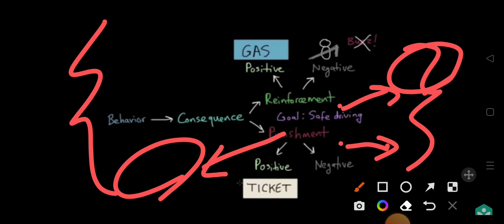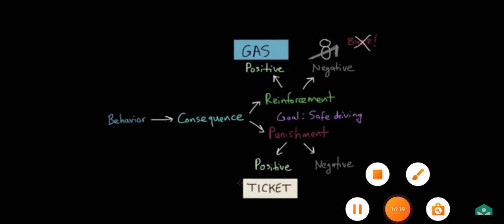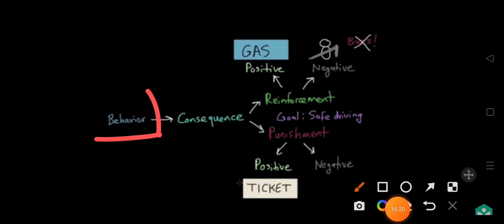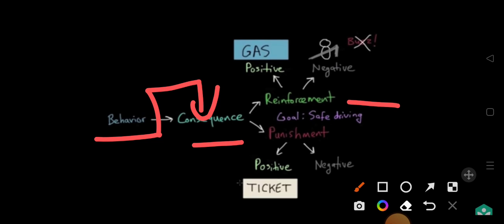So remember, I'm having a behavior, I'm having a consequence. When you do something, you have to know that it has results, as an adult. And also with children, we are teaching them that every behavior has a consequence. So the consequence is divided into something called reinforcement by Skinner, the psychologist, and punishment.